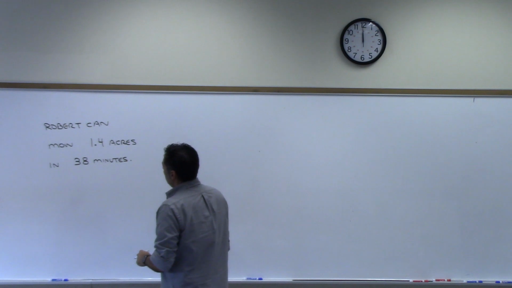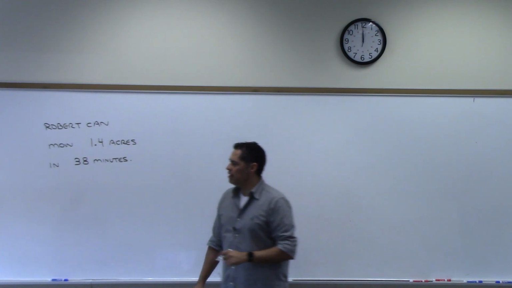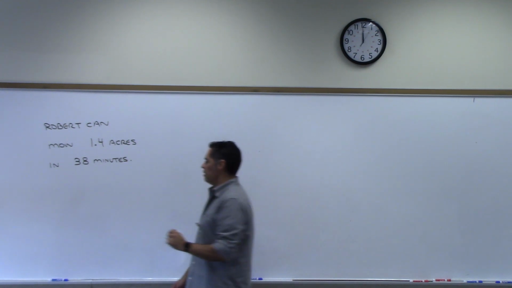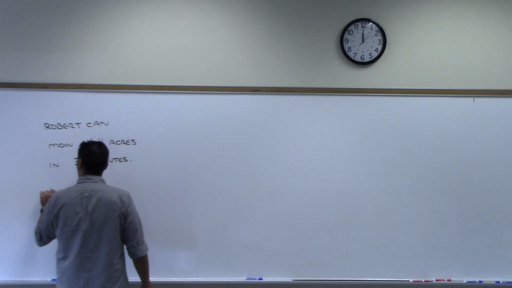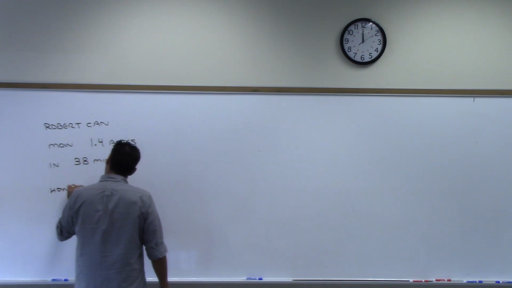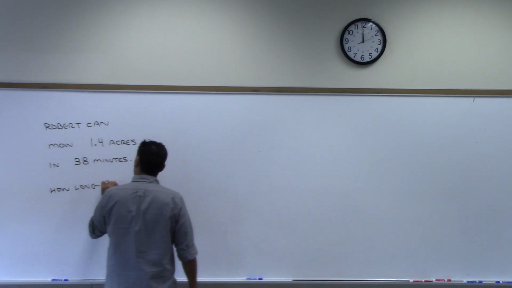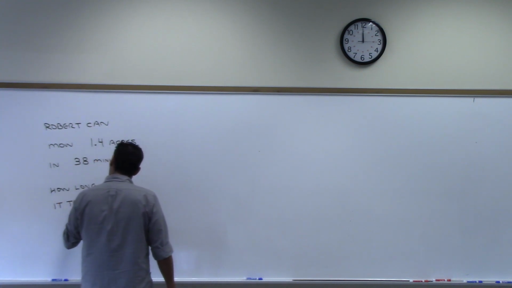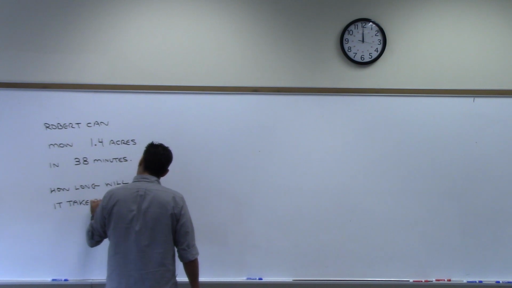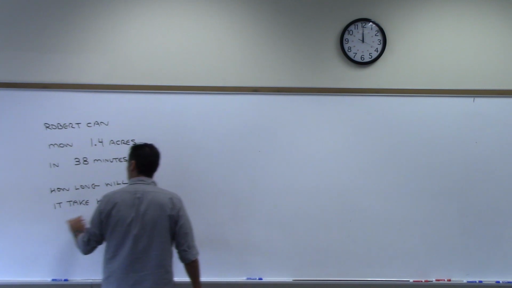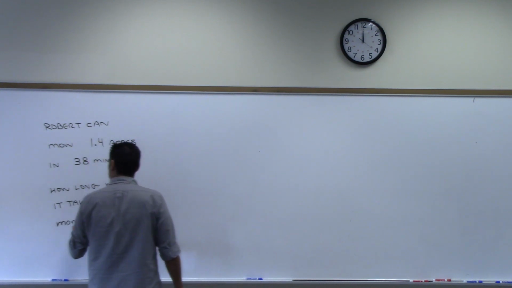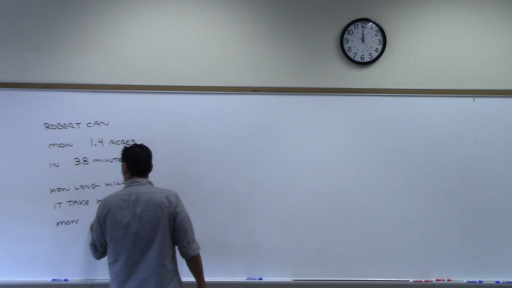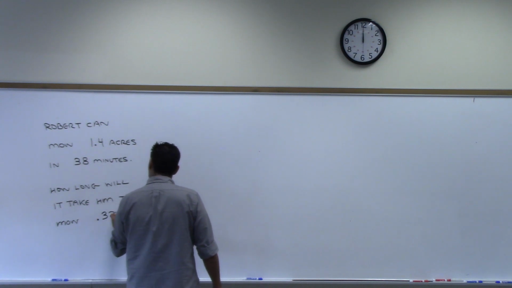Robert can mow 1.4 acres of grass in 38 minutes. How long will it take him to mow 0.32 acres?